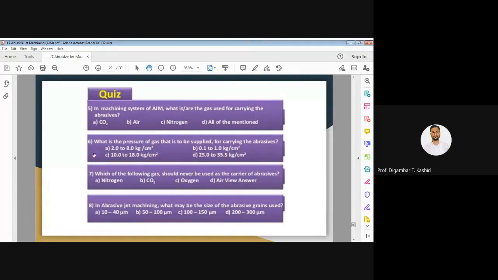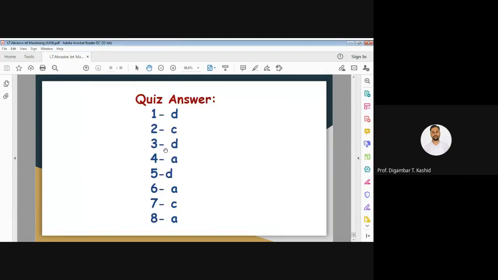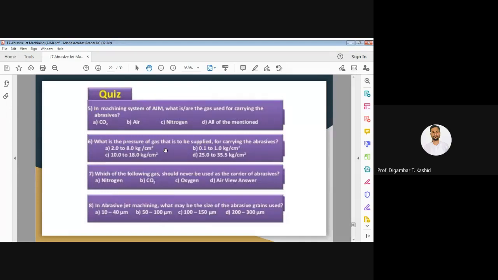Option one is CO2, then air, then nitrogen, and all of the above. I think now D will be the correct answer.